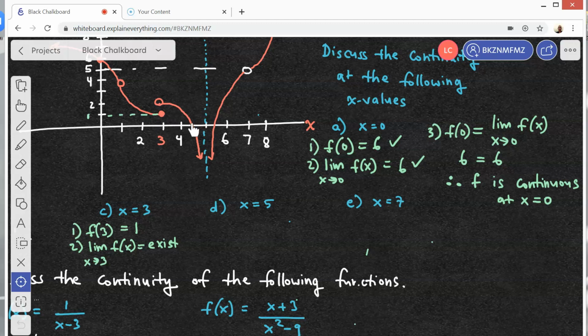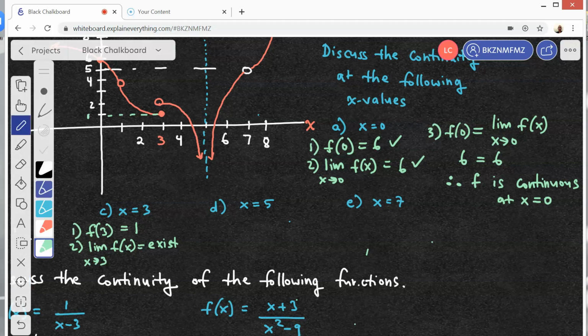But from the right side of the graph, the limit is approaching 2. They have different y values, different limits from the left and right, so the limit does not exist. At that point, since the limit does not exist, you can just say the function is discontinuous. You don't have to go to the third case, you're just done. So since the limit as x approaches 3 does not exist, I'm going to put a question mark, and we're going to say does not exist.